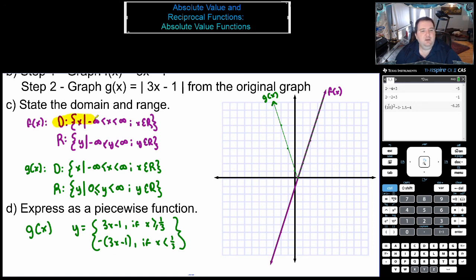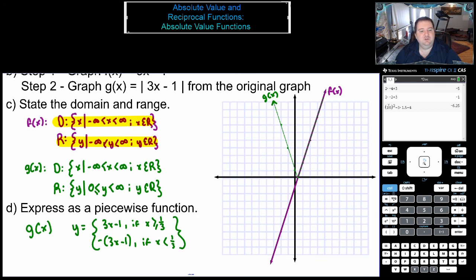What you should be noticing here is that your domain and your range for your lines are exactly like they were in the previous problem, and they will always be an element of all real numbers. Your range, again, on the g of x is going to be the only thing that's different, and that's because there's no negative values. So it's from 0 to infinity.